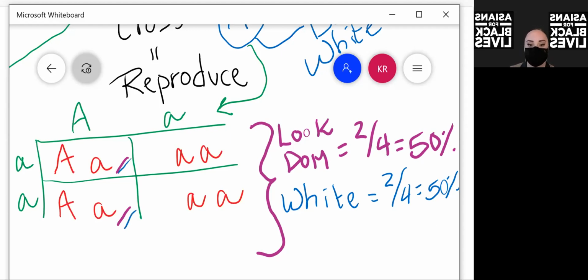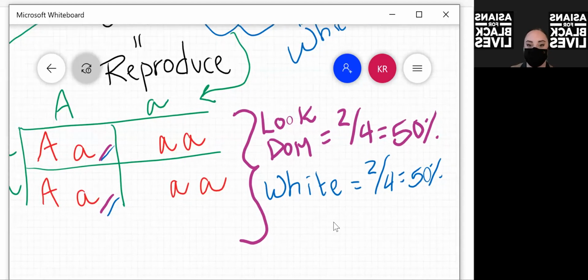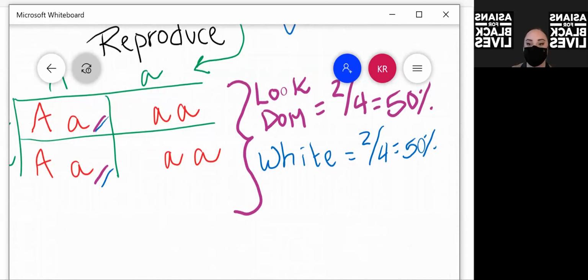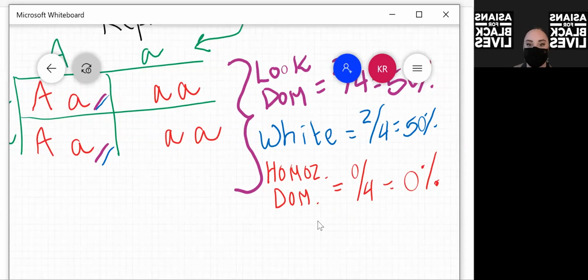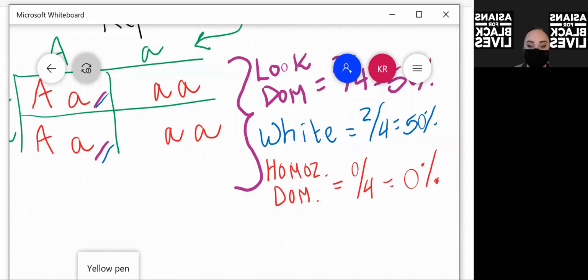Okay, what are the chances of these parents having offspring that are homozygous dominant? Good, 0 out of 4, 0% chance, because that would be 2 capital letters, right? But what are the chances of these parents having offspring that look purple?